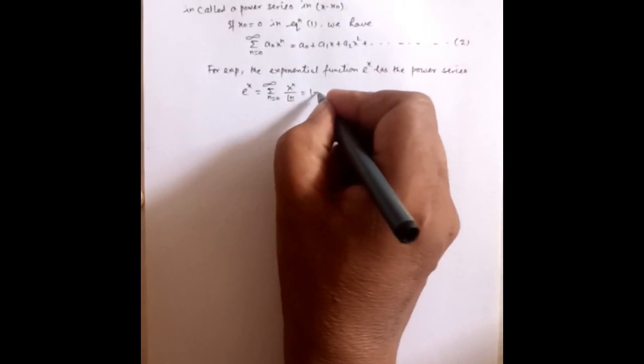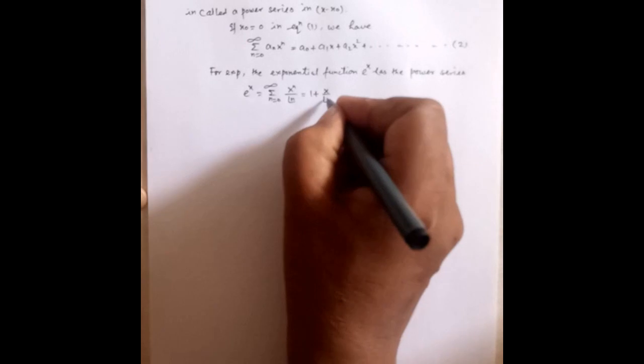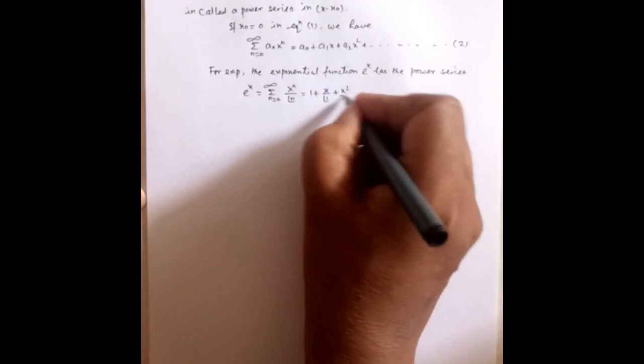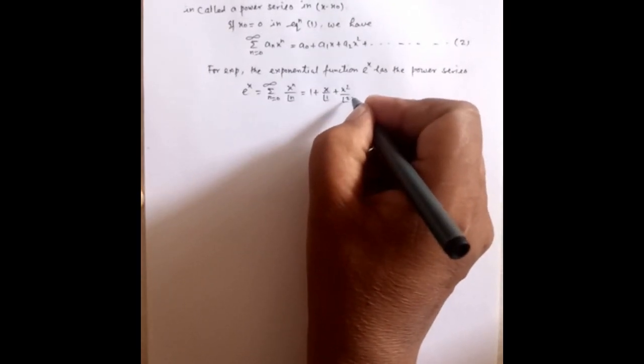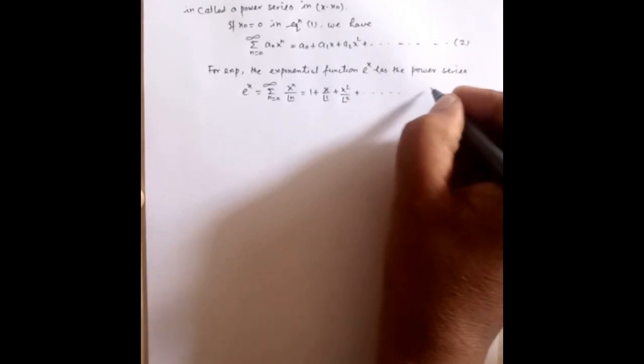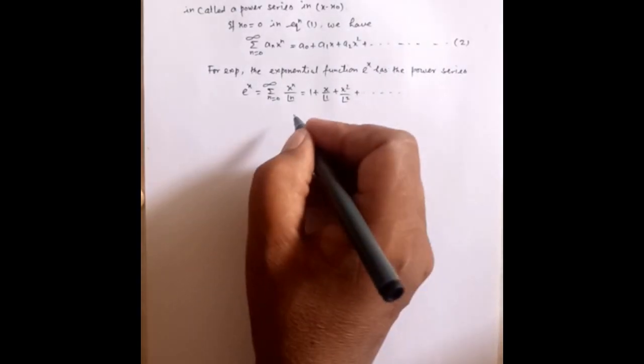This is equal to 1 plus x upon factorial 1 plus x square upon factorial 2 plus up to and so on.